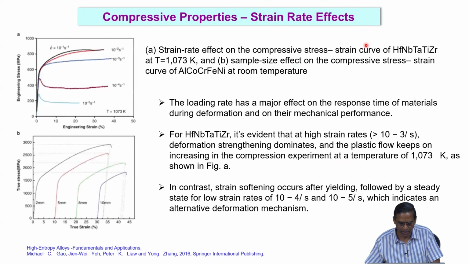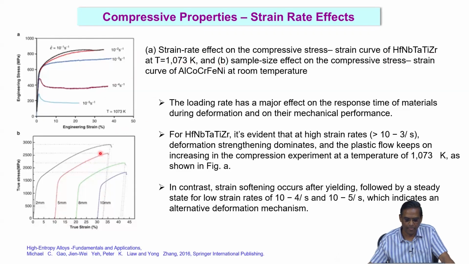So this is with respect to the temperature effect we are talking. And what about the strain rate effects? So we looked at temperature effect as a high temperature property. What about strain rate effect? The strain rate effect on the compressive stress strain curve of refractory high entropy alloy, hafnium, niobium, tantalum, titanium, zirconium at 1000 Kelvin.